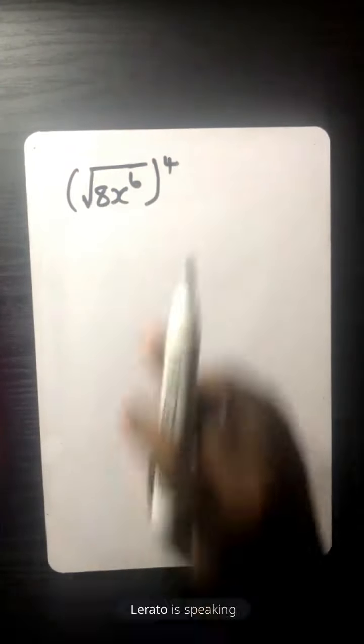It might be confusing for you guys because you see 6 there and you're asking why am I not saying 6 over 2? So let me rewrite it in this form so that you understand. Let's say we've got x to the exponent 8 and they say square root of that.